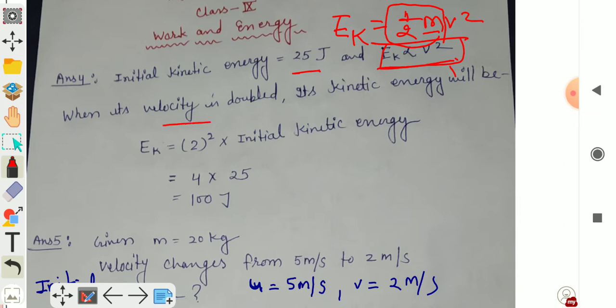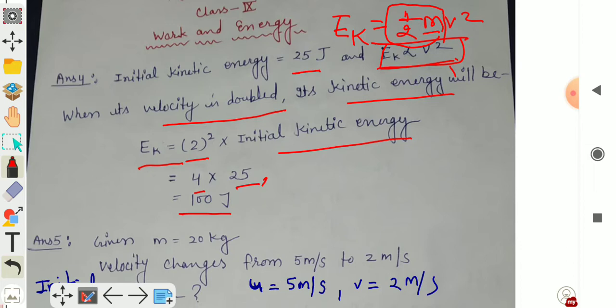When its velocity is double, its kinetic energy will be Ek is equal to 2 square into initial kinetic energy. So square of 2 is 4, multiplied by initial kinetic energy, that is 25. So its value will be 100 joule.